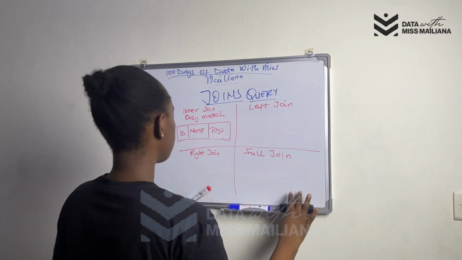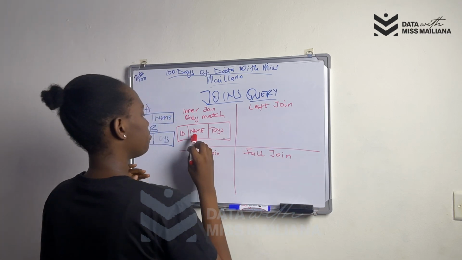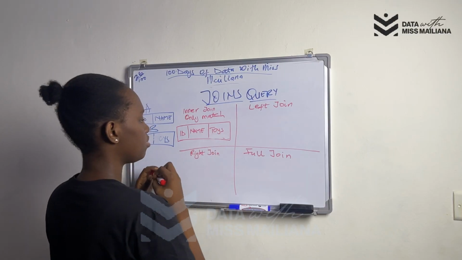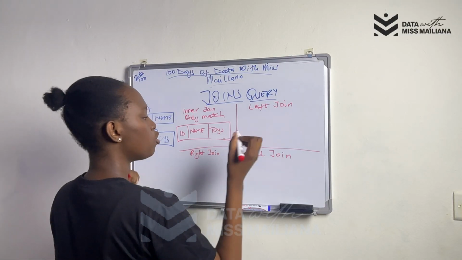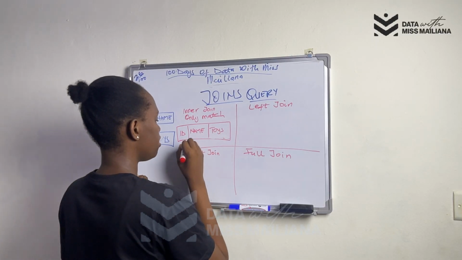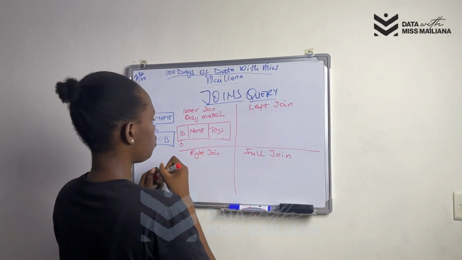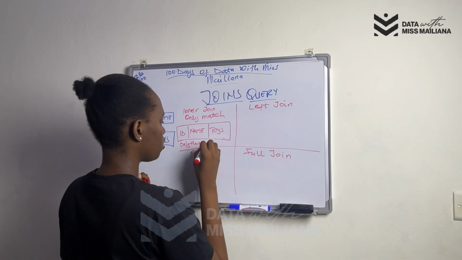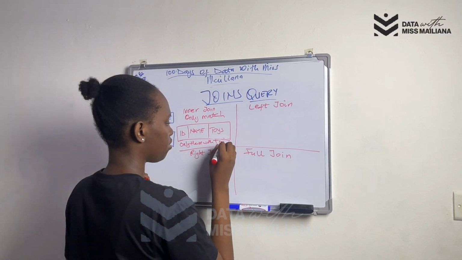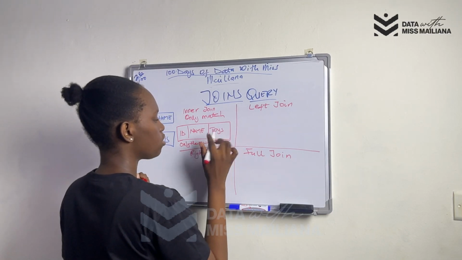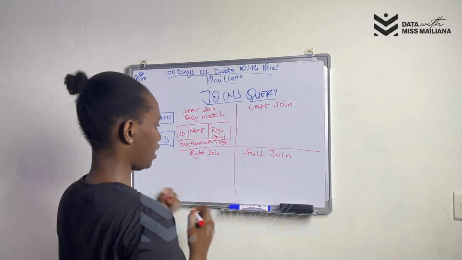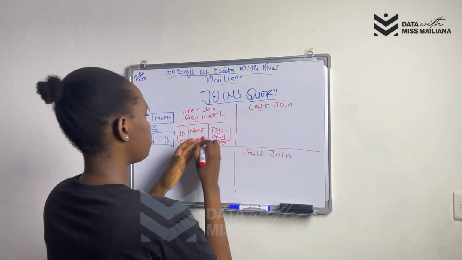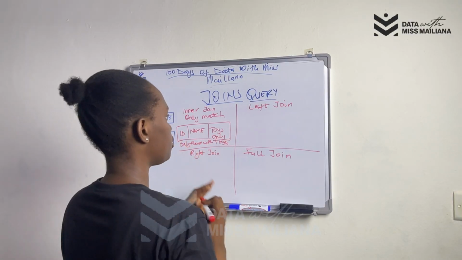So it's name and toy, only those with toys. So toys only. Okay, so the names and the toys, so those who will have toys only.